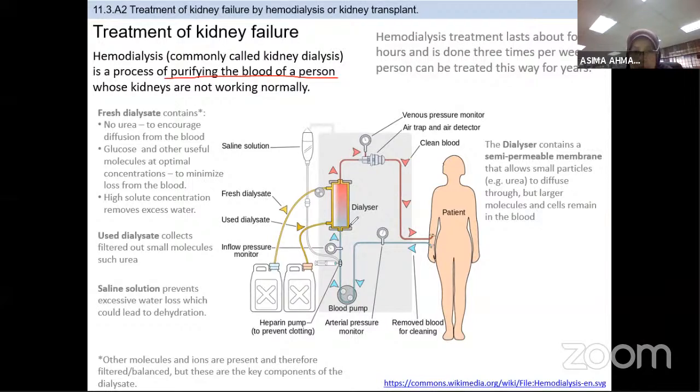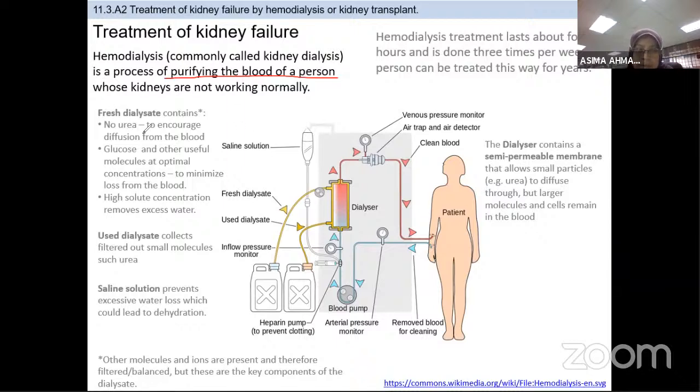But blood, because our intention tadi is to remove toxin, such as urea from the blood. So that's why there's no urea in dialysate, so that bila they ada together, separated by membrane, the urea from the blood will move to the dialysate. Sebab dialysate no urea. In the blood has high urea. Faham ke?